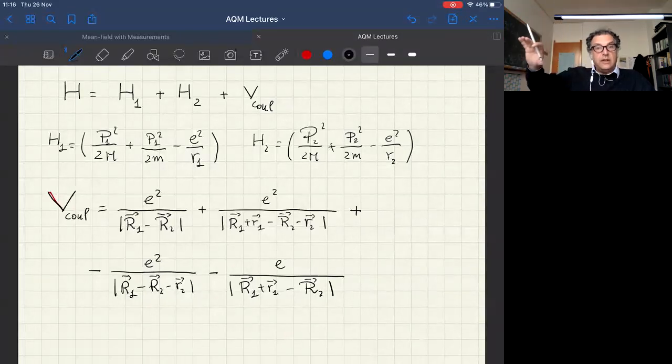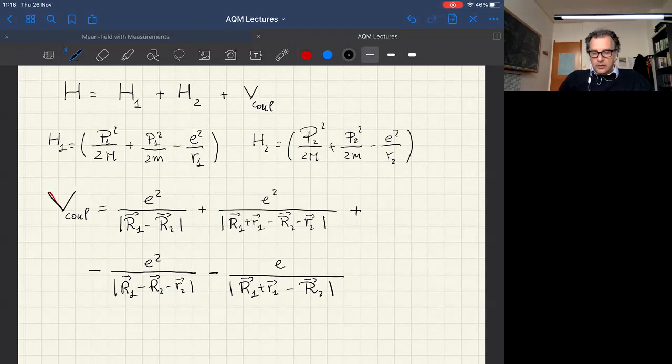Here we call them capital R1, capital R2, and capital R1 plus smaller r1, because we want to use the relative distance between electrons with respect to each nucleus. And this is the way in which we write it.